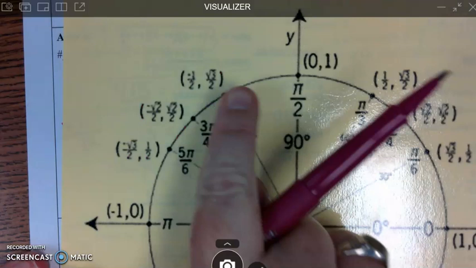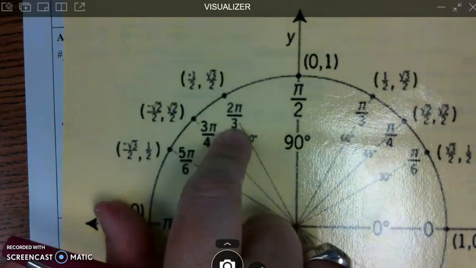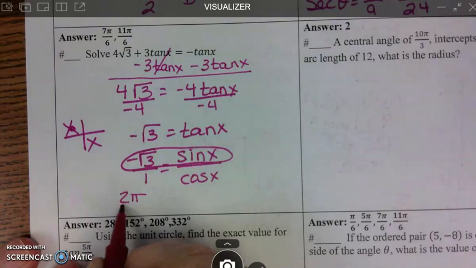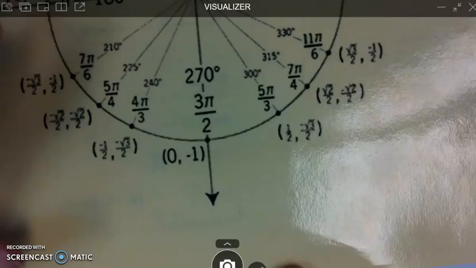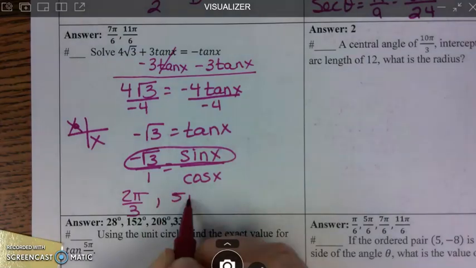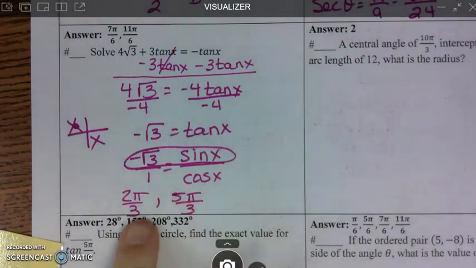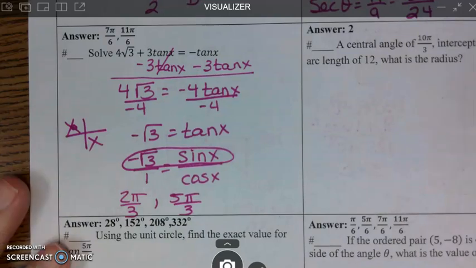That's cosine, so we actually need this one right here, and we get it at 2 pi over 3. In quadrant 4, here it is, 5 pi over 3. Remember, your denominators should always match. If you had a 6 on one and a 3 on the other, that would be a hint you made a mistake. So you just have to be careful.